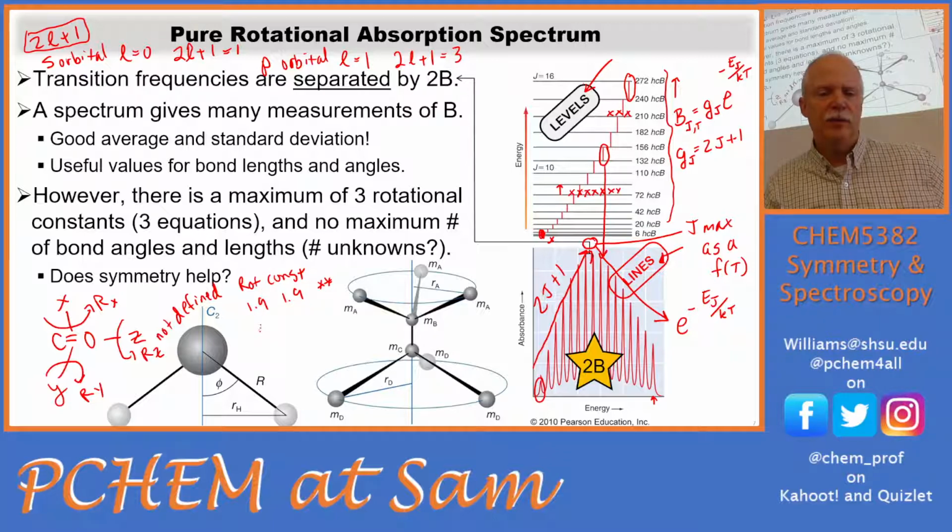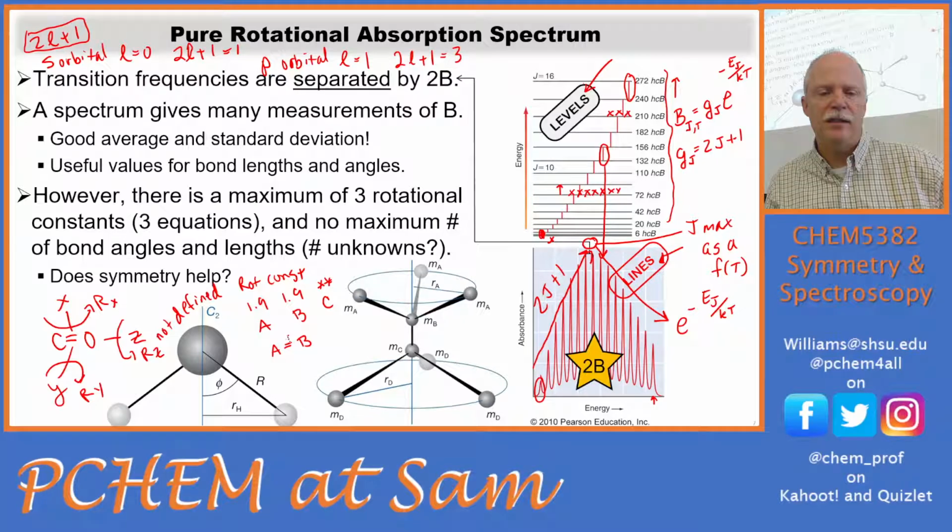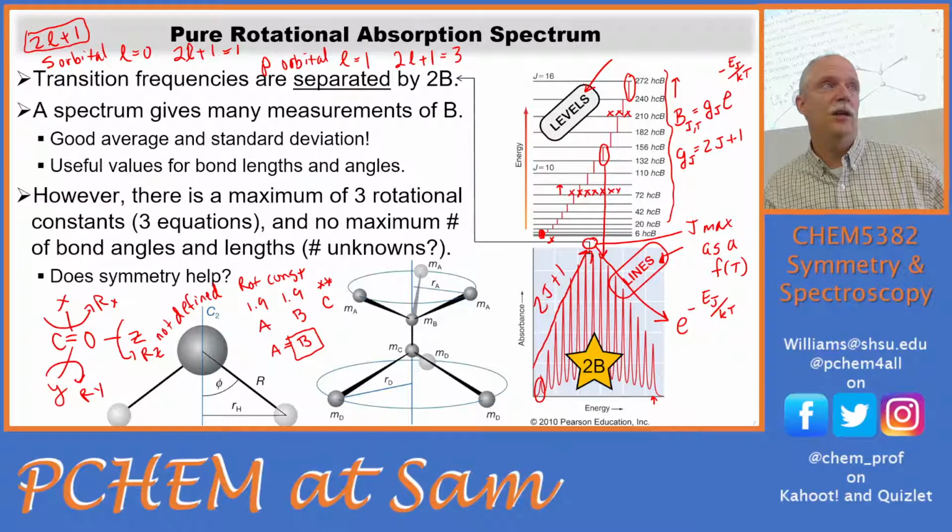And it labels those A, B, and C. And for a symmetric top, A is equal to B, and C is not defined, or is a different value. And so for a diatomic, since A is equal to B, they just use B. For our carbon monoxide spectrum, we're really rotating around both axes, and we can't tell which one we're rotating around. It's just a single rotational constant because it's a symmetric molecule.